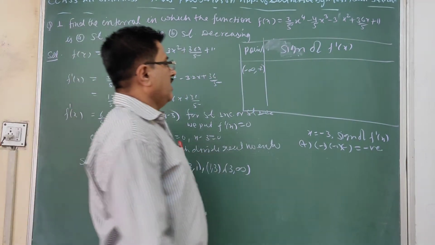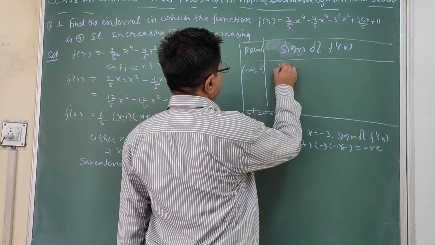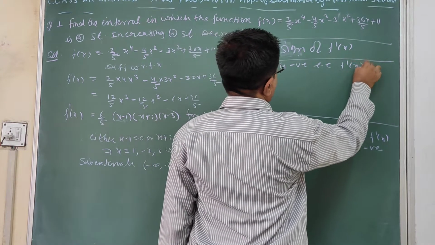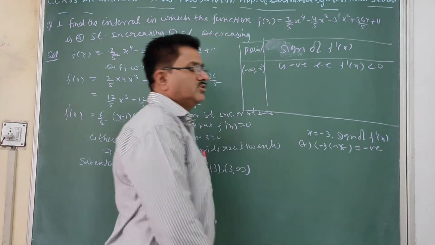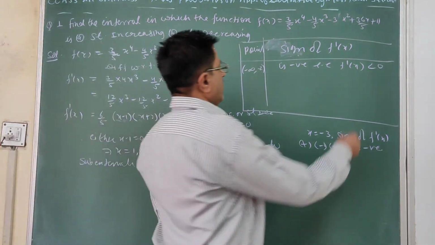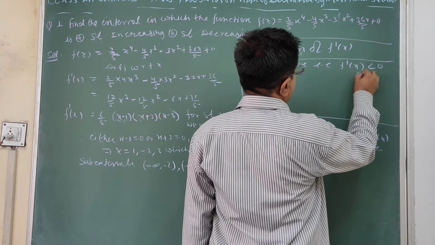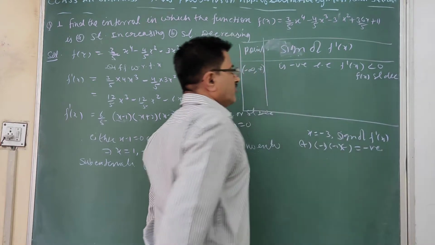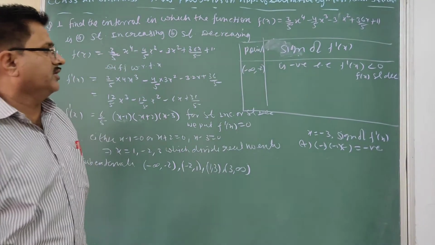So the sign of f dash is negative, that is f dash x is less than 0. So you know that if f dash x is less than 0, then f(x) is strictly decreasing. So for the first case we get decreasing.